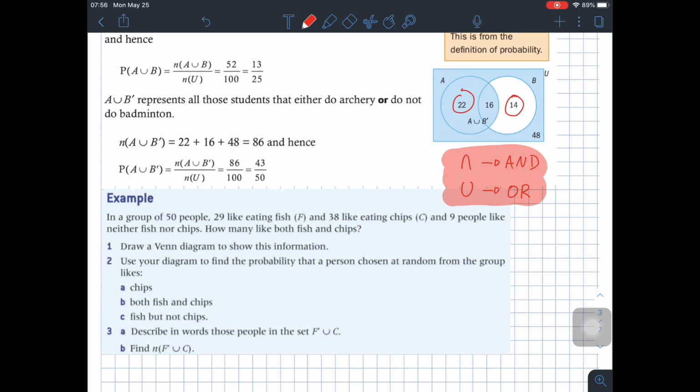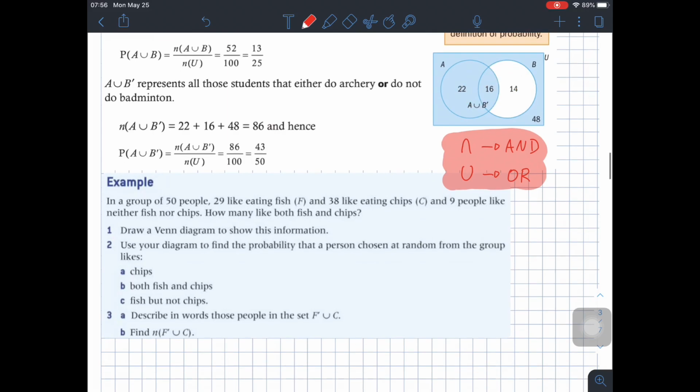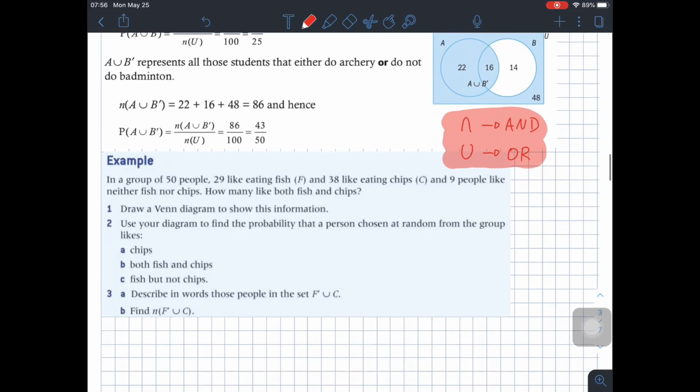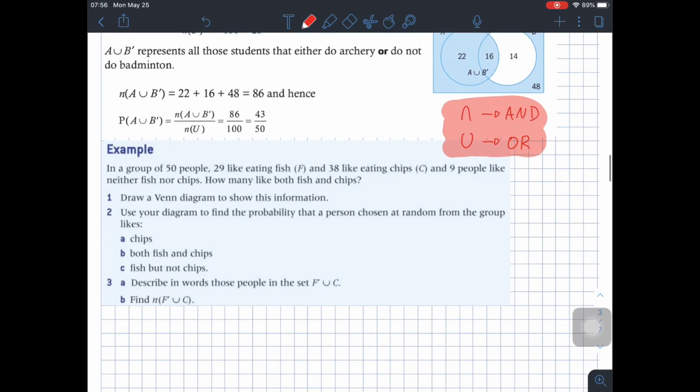When we're referring to the word "or," we're referring to all the different possibilities in the universe: only badminton, only archery, or both. So remember those two clue words in order to analyze the probabilities.